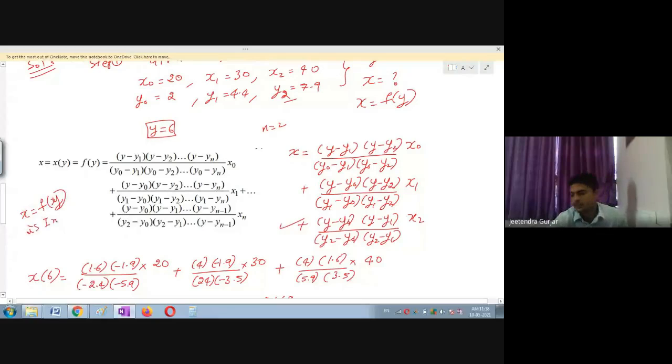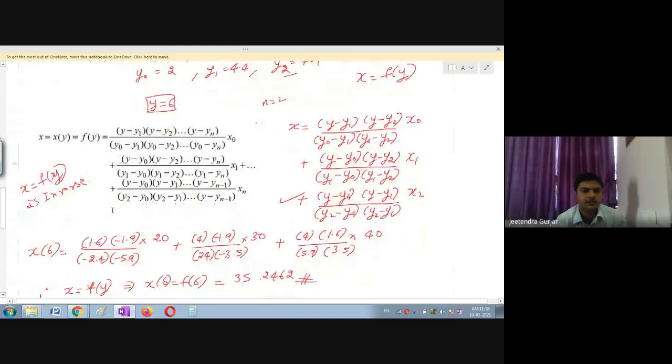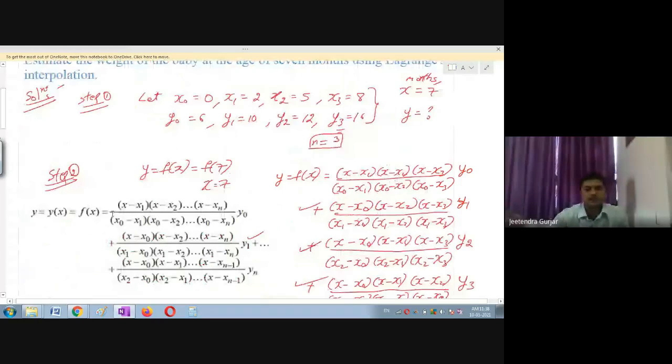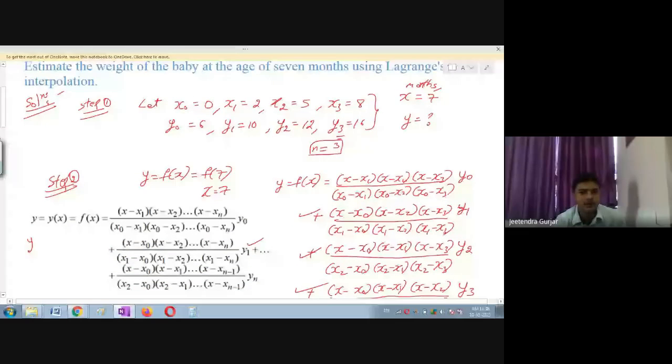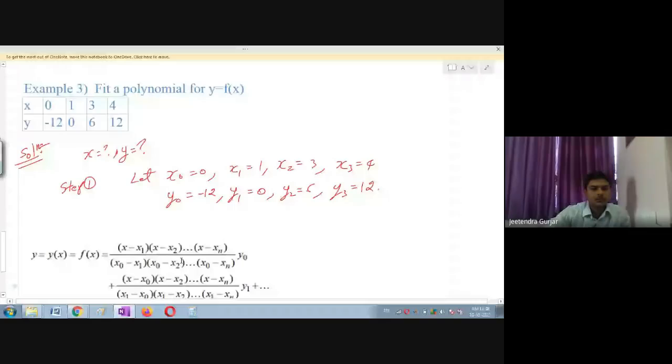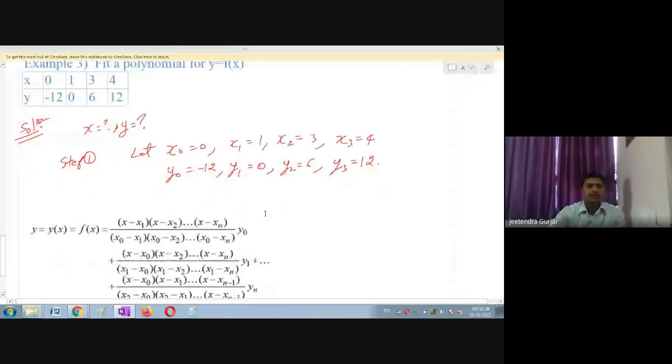Please note this. And y is equal to f of x is for Lagrange's formula. Is it clear, students? Any doubt now? So it is clearly seen that this is y is equal to f of x. We have only the Lagrange's interpolation formula. Inverse means it is x is equal to f of y. Good question you have asked. Please remember this.